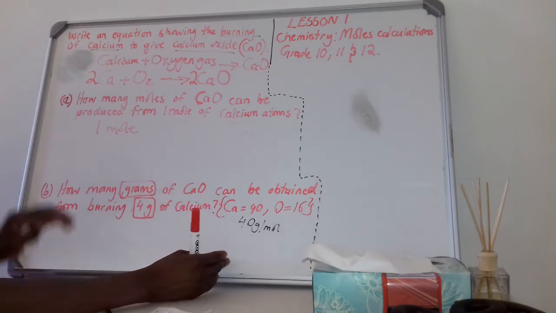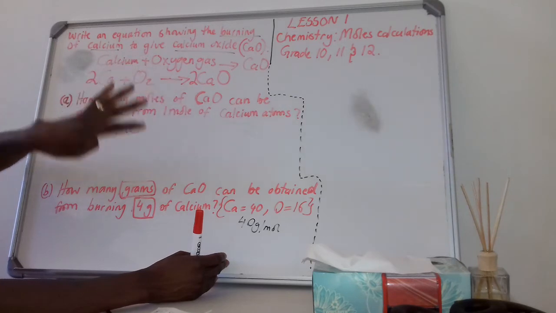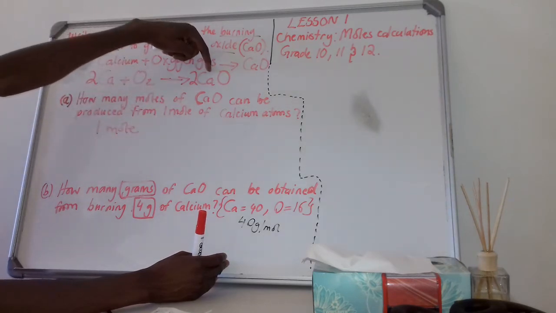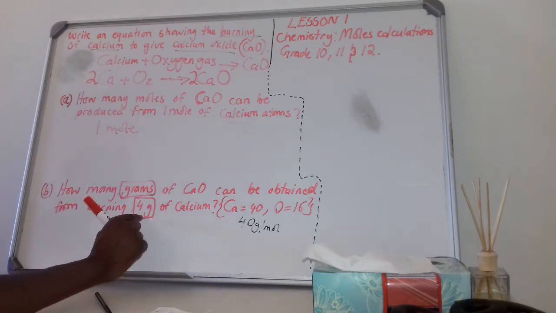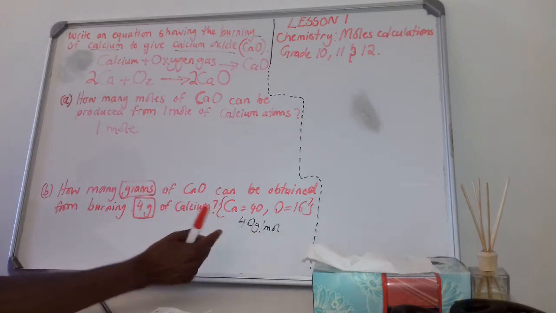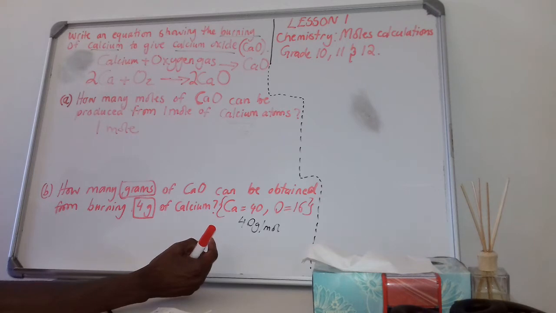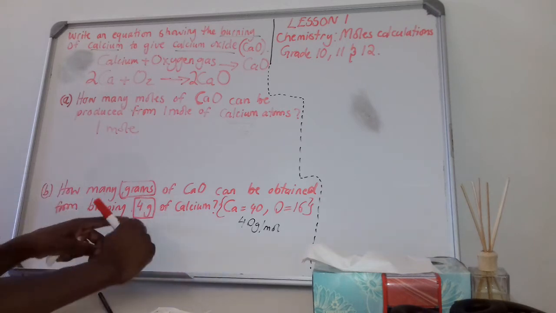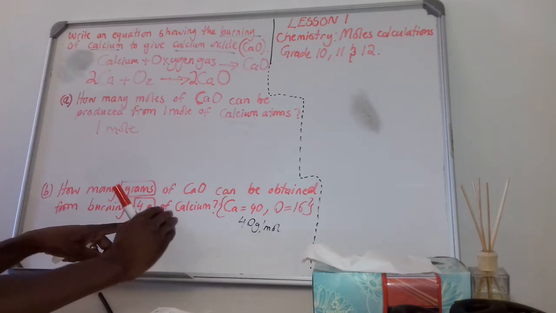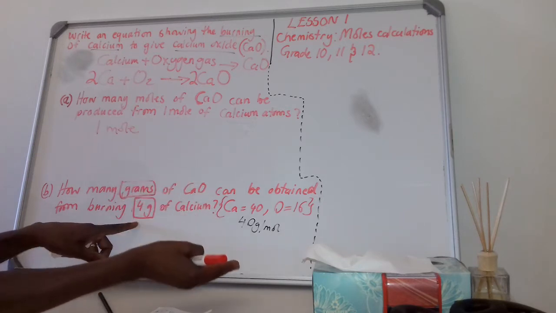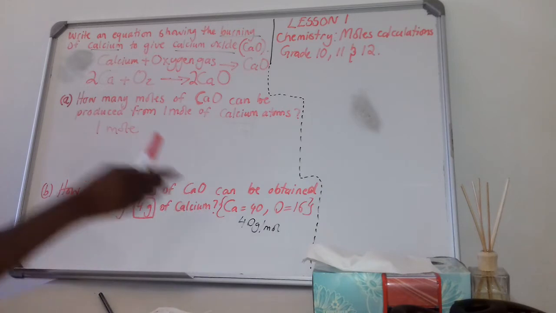And then we use the balanced chemical equation to get the moles of calcium oxide. So first thing first, convert the 4 grams of calcium to moles, and then we use the balanced equation to determine how many moles of calcium oxide.